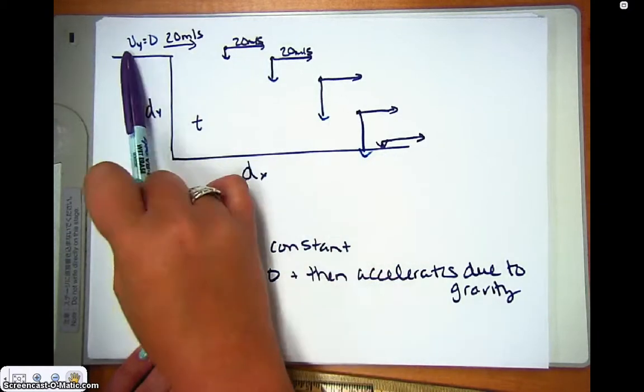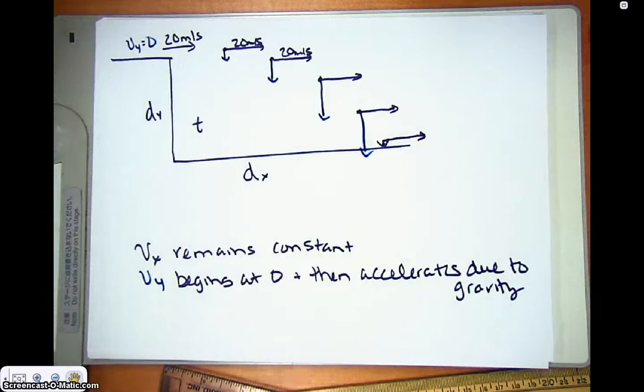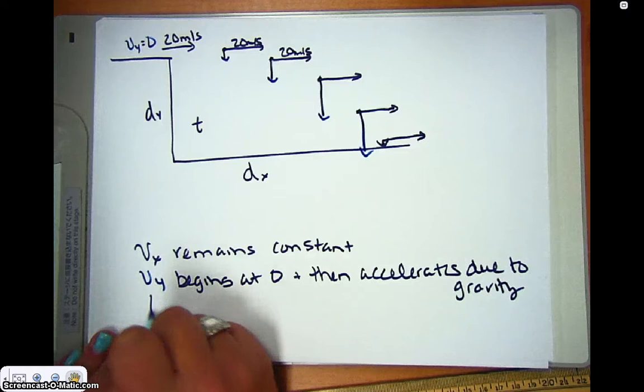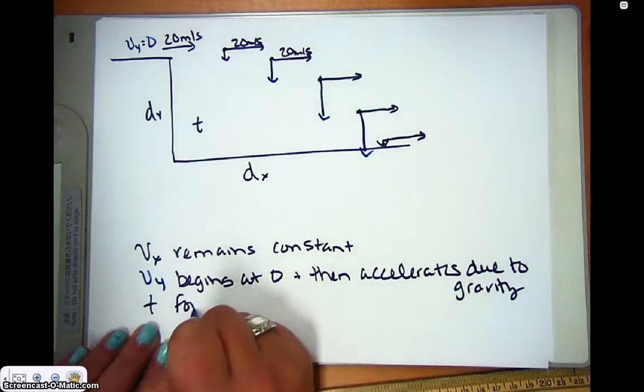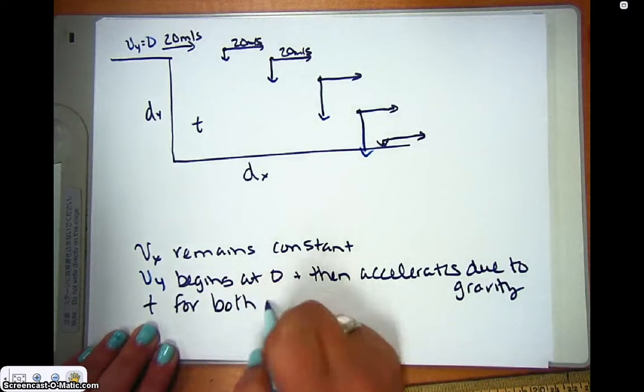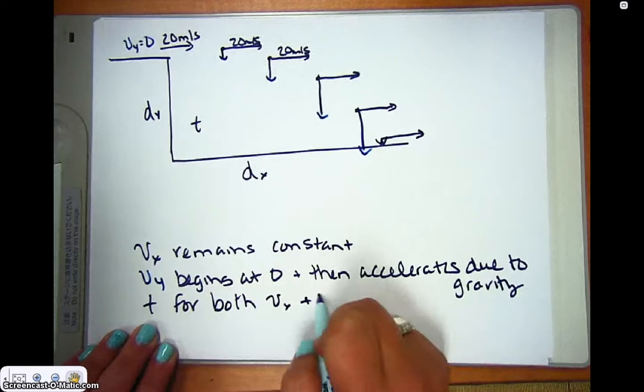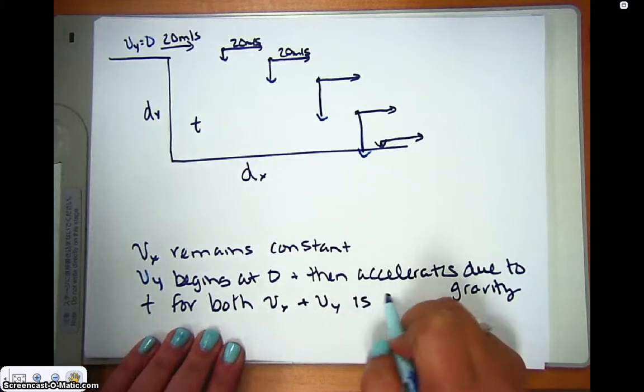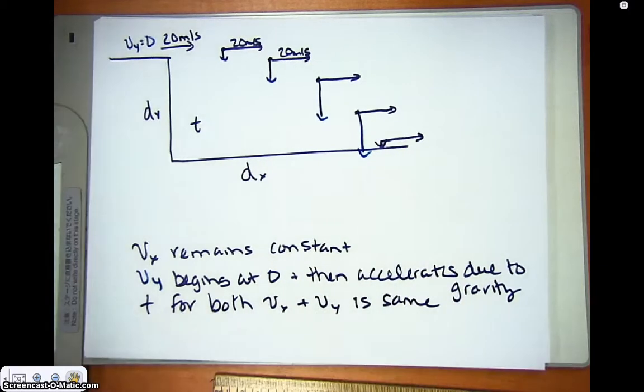So the y motion and the x motion of the projectile have an equivalent time. So time for both the velocity in the x and velocity in the y is the same. All right, so time is really what's going to link our two sides of the problem.